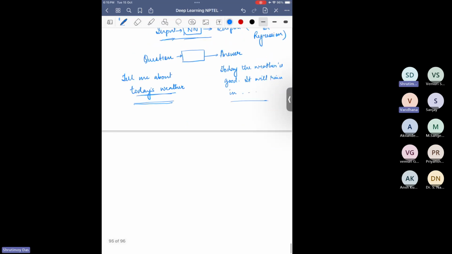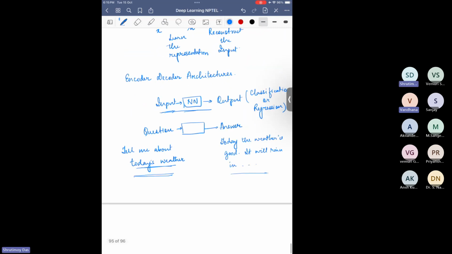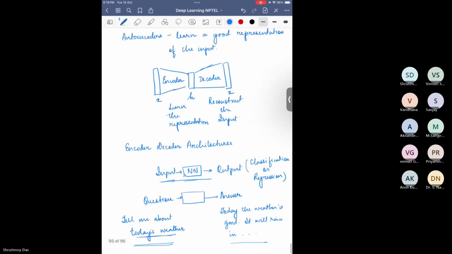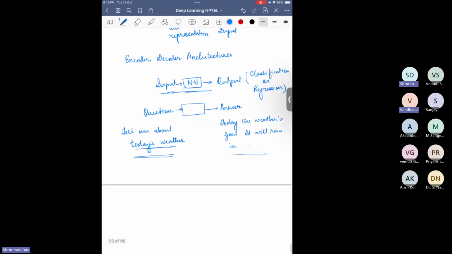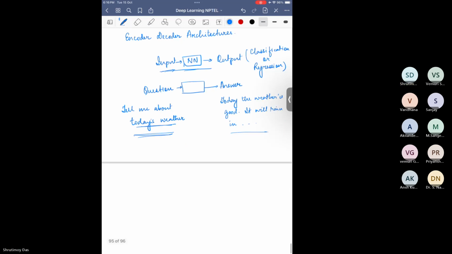In a way, autoencoders just did the task of learning the input and then reproducing it. But these encoder decoder models are giving the context of the input also. So it will give you the context, and it should understand the meaning of your input, and then it can make predictions based on that.